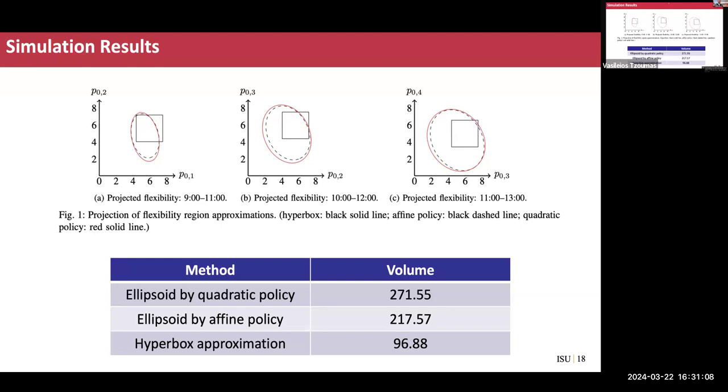If you have homogeneous DR devices, you can just take the Minkowski sum of their individual flexibility, which gives you the aggregate flexibility. But one problem with that is it's network agnostic, so you're not taking the network constraints into account. So if you have a bottom-up approach that also takes the network constraints into consideration, that could also work.